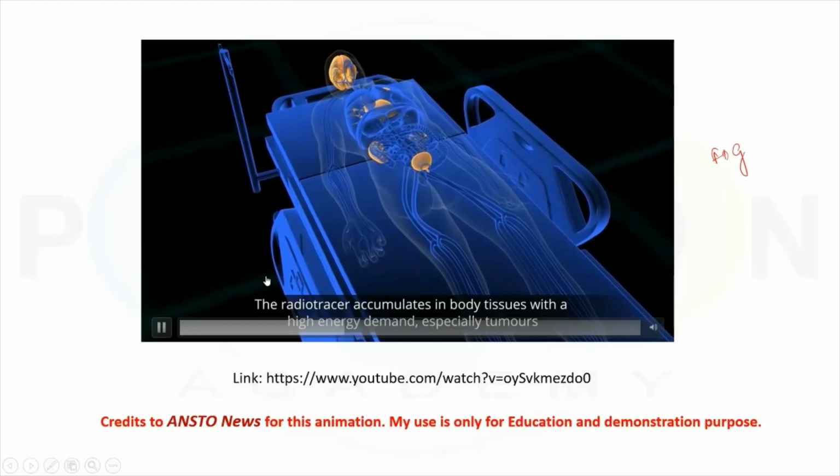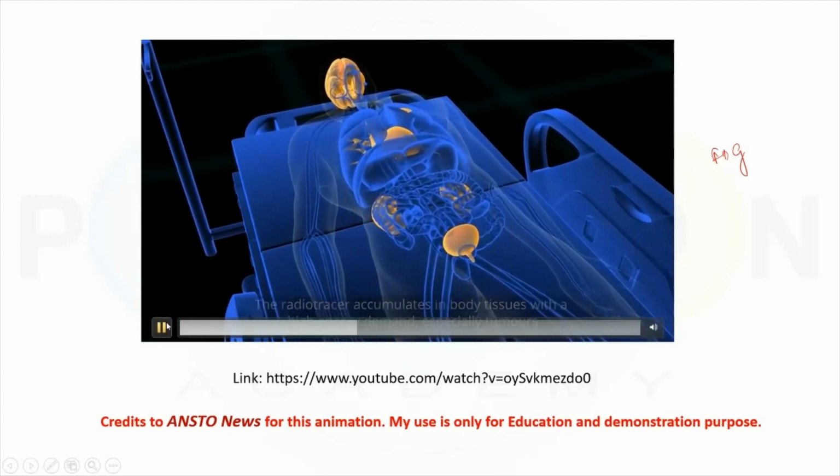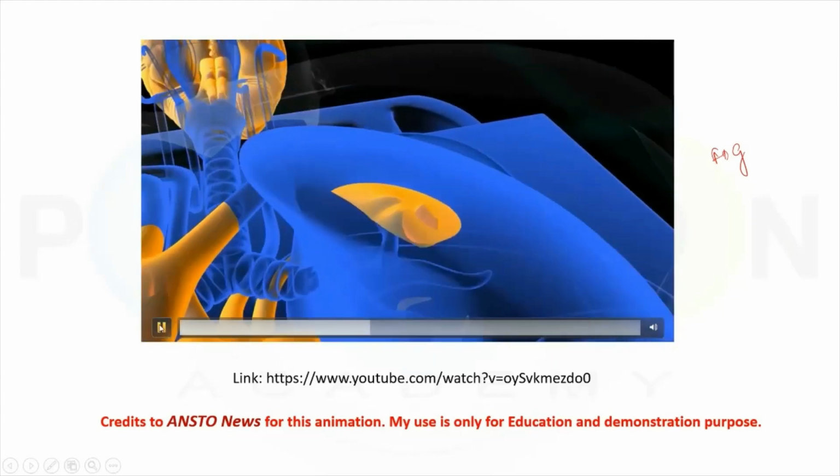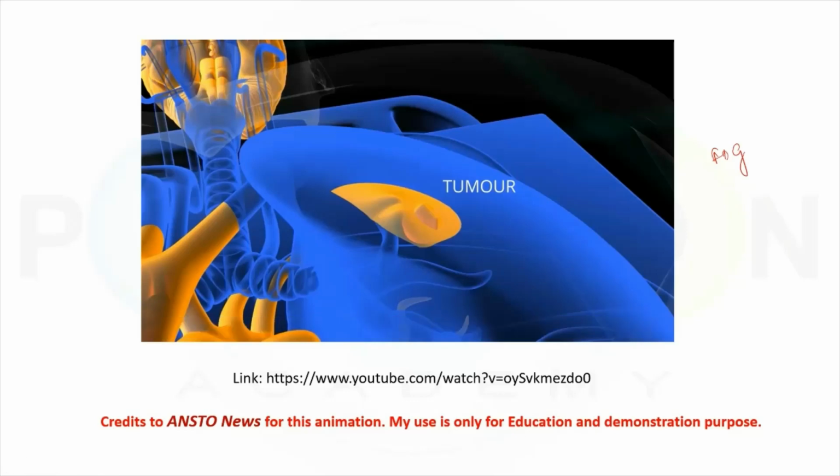But one thing that we can notice over here is that the patient's lung had a small tumor, and the tumor has also taken up the glucose. Why so? The answer is that tumors are glycolytically more active. They have overexpression of GLUT transporters, and with these overexpressed GLUT transporters they have taken more glucose.